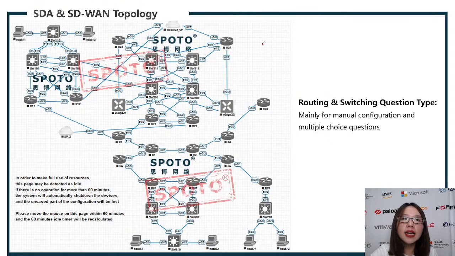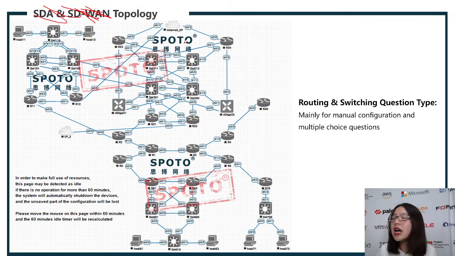So this is the complete routing and switching module, which requires us to accurately ensure that the phenomenon of each requirement can occur normally.